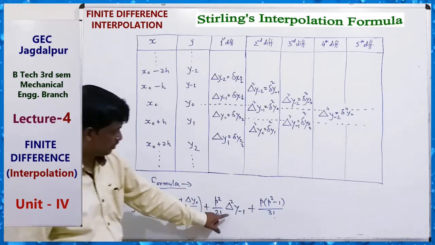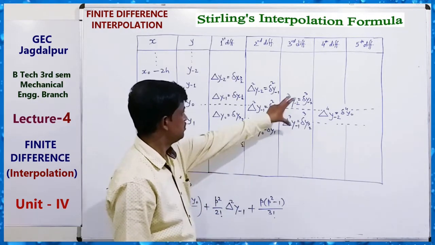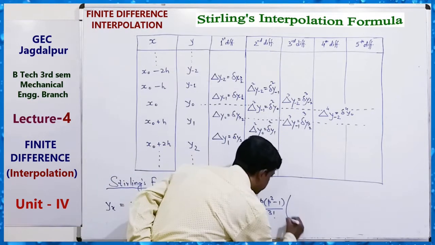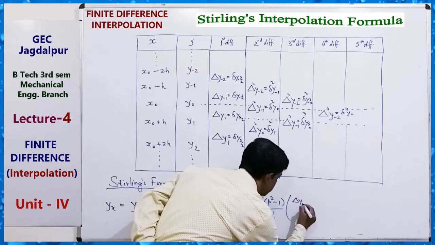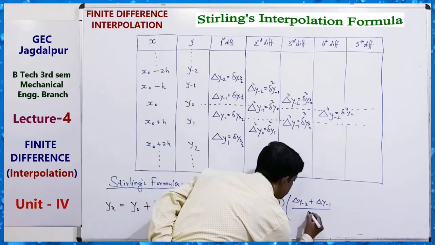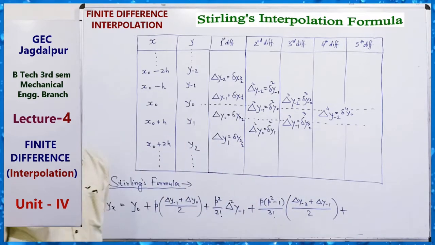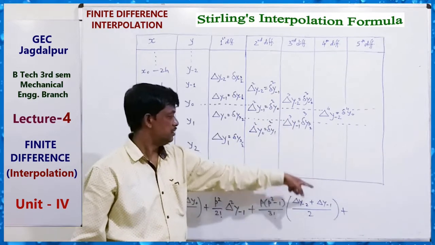And now the difference, average of these two. Average of these two, that is del y minus 2 plus del y minus 1 by 2. Clear? This plus this by 2.